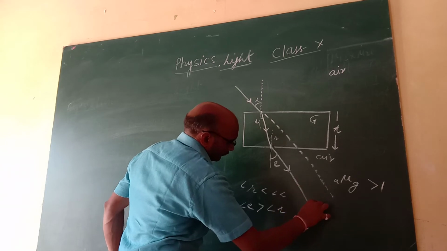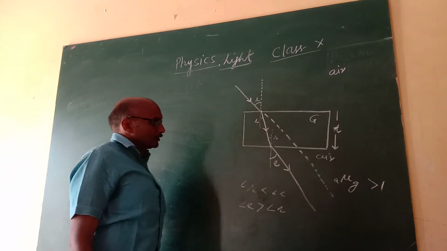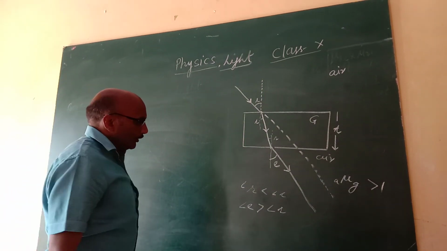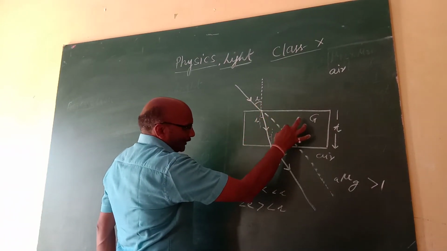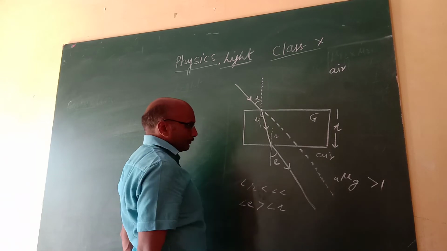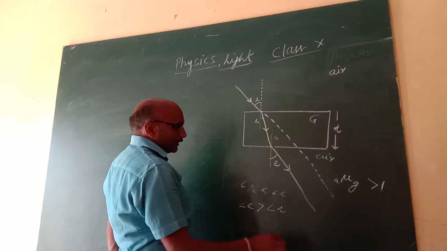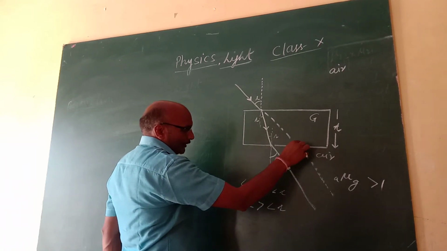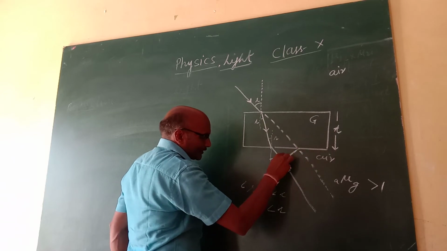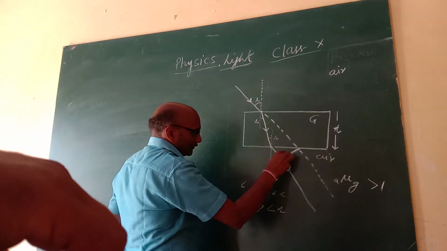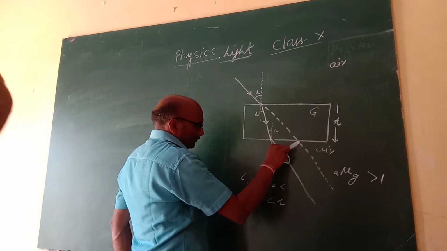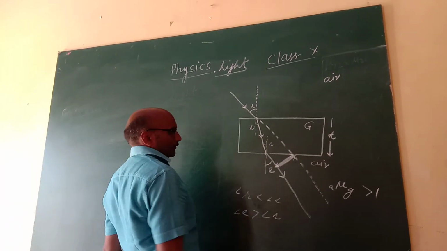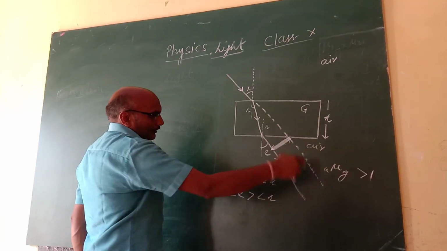The two paths will be parallel to each other. Initially light had to go directly along this path, but light is going through this path. It means there is some displacement between these two light rays. This is displacement, and this is called lateral displacement.